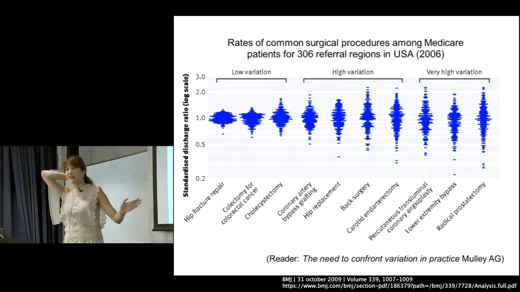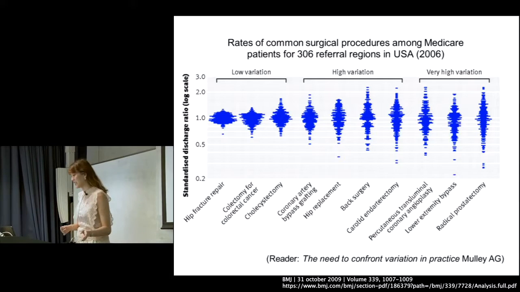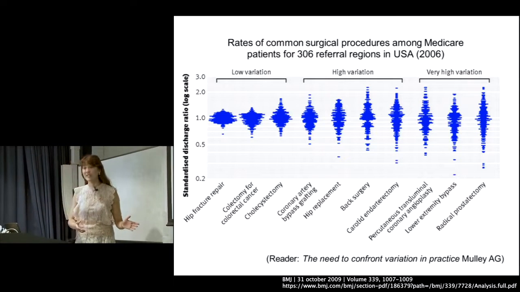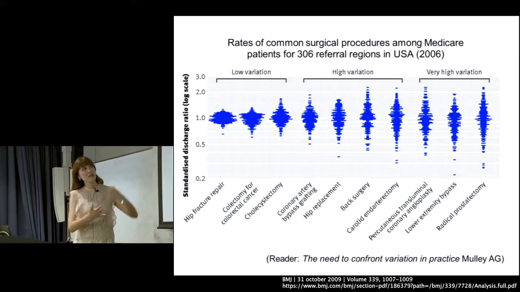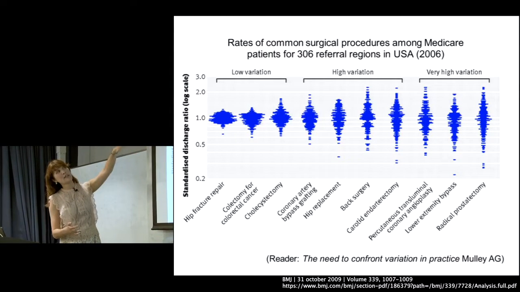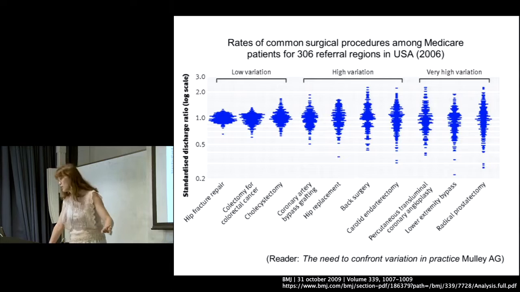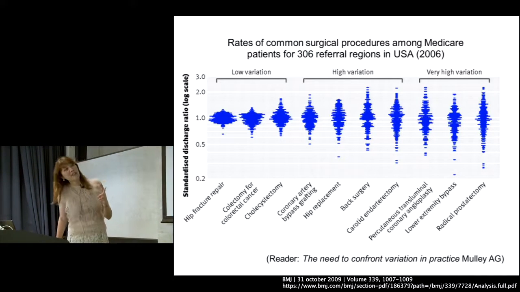Hip fracture repair. That's reassuring, isn't it? Because your hip is either fractured or not fractured, and you hope that all fractured hips will be repaired. So that's very low variation. Each line is a region in the States or a district. All the way to the other end: radical prostatectomy. Look at that variation.